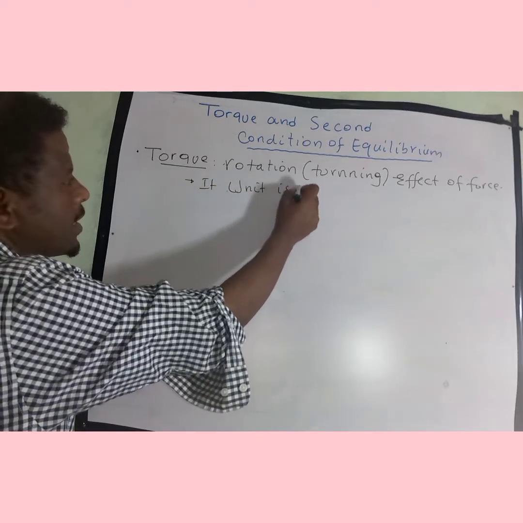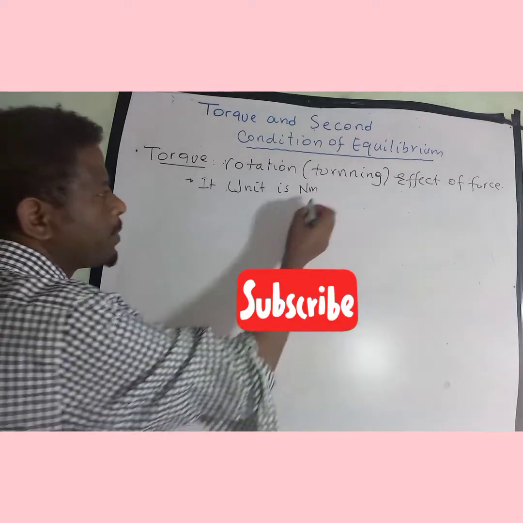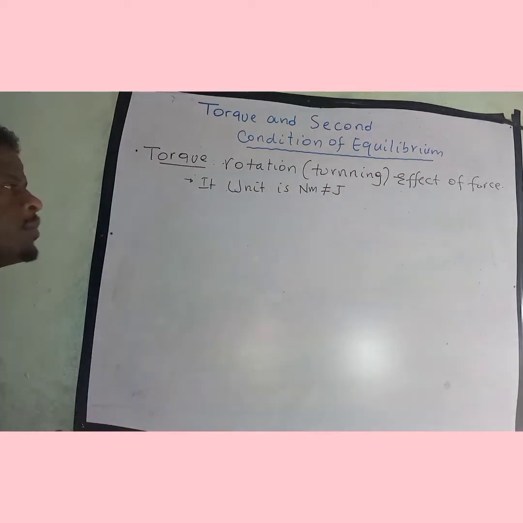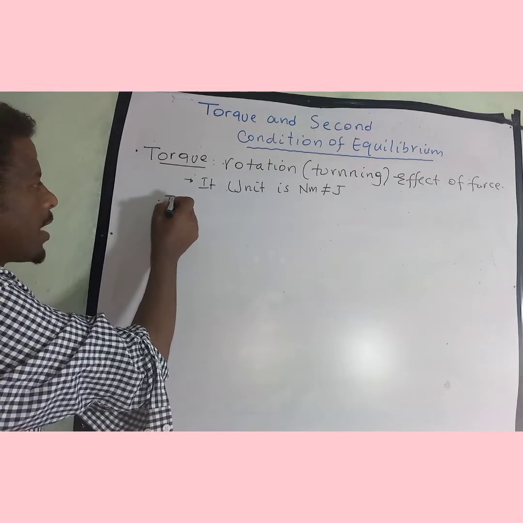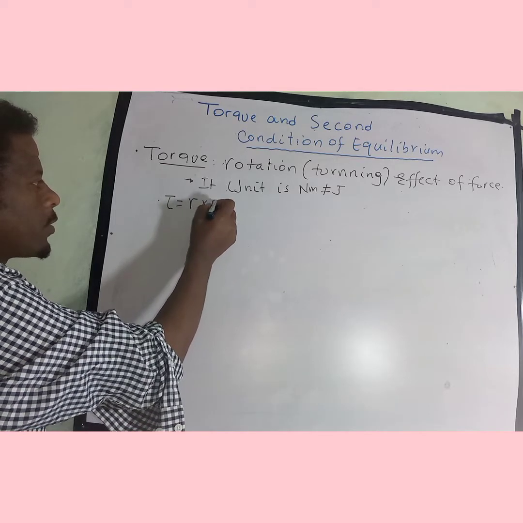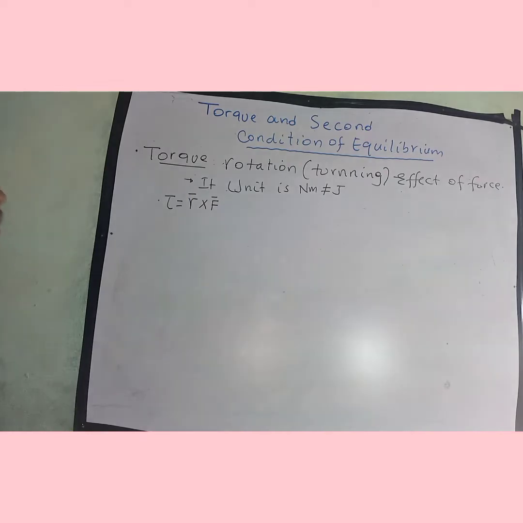is Newton meter, and this Newton meter is different from Joule because torque is a vector quantity. Typically torque tau is equal to the cross product of the position vector and force, both a displacement and force vector quantities.